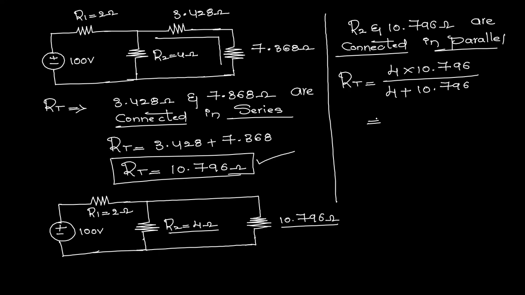That is equal to here 4 into 10.796, it gives the value as 43.184 divided by 4 plus 10.796, that is 14.796.